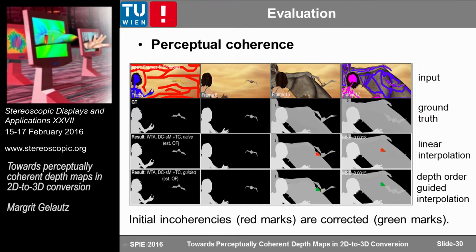First, regarding the perceptual coherence, that's the example I showed in the beginning. Here we have the input frames, here the ground truth depth values, and as I already pointed out in the beginning, there are some perceptual incoherences regarding occlusions if we just use linear depth interpolation, and with our depth order guided interpolation, we were able to correct these perceptual incoherences.